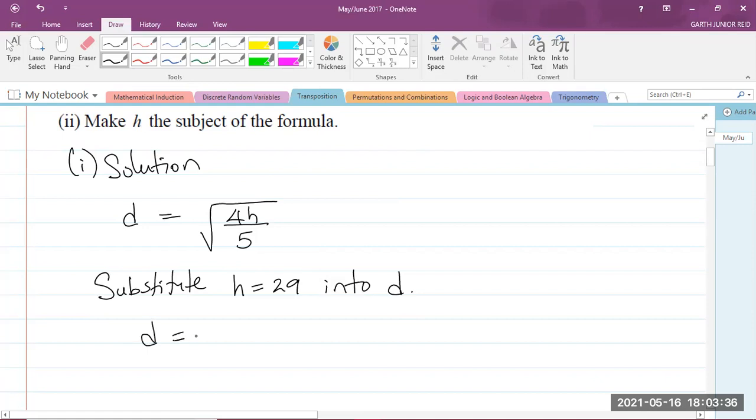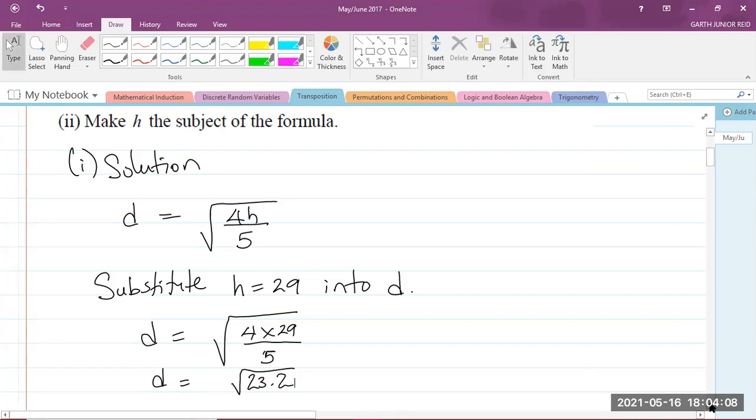So D is equal to the square root of 4h. H is 29, so that's 4 multiplied by 29, and we're dividing that by 5. Now if you put in a calculator 4 multiplied by 29 and then divide it by 5, you are supposed to get a value of 23.2.